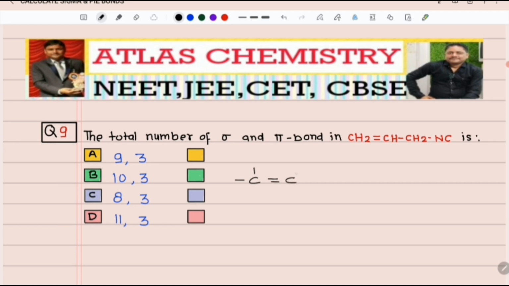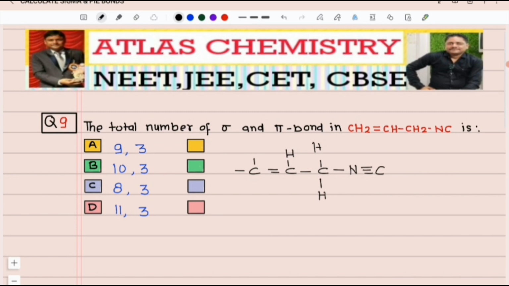CH2 double bond CH single bond CH2 and there is an N triple bond C. If we count the total number of sigma and pi bonds, here we have 1 sigma, 2 sigma, 3 sigma, 4, 5, 6, 7, 8 and 9 sigma bonds, and here are 2 pi bonds and one more pi bond here.